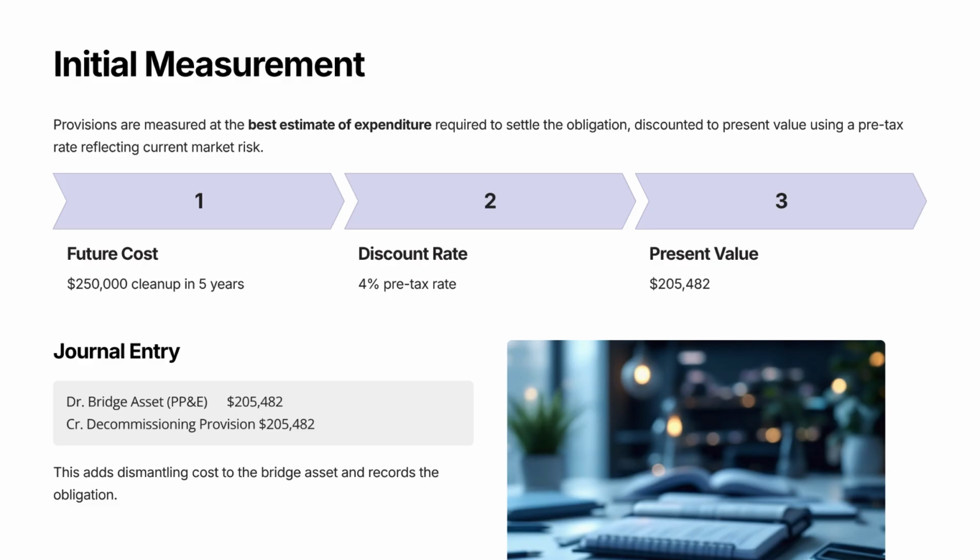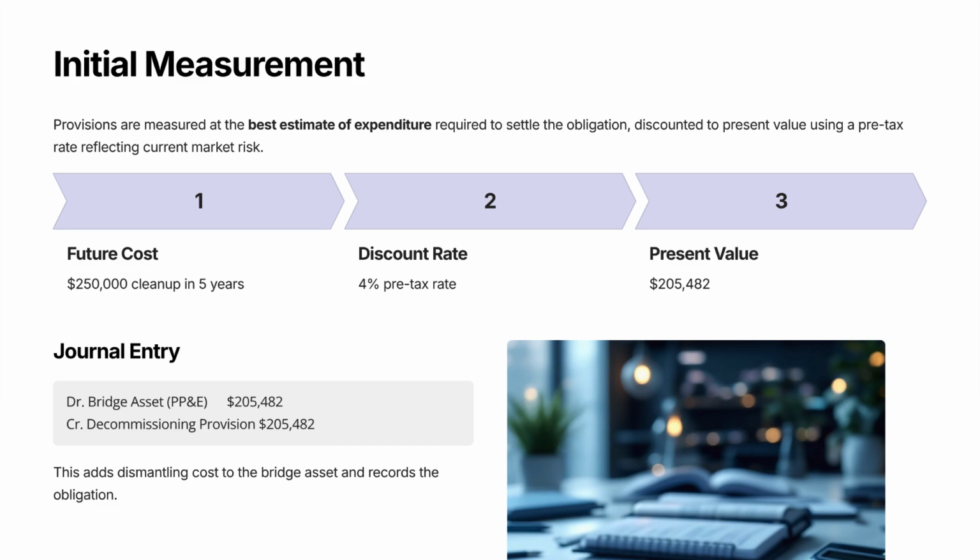Using the present value formula, PV equals 250,000 divided by 1.04 to the power of 5, which equals $205,482. Here's the journal entry. Debit bridge asset, PP&E, $205,482.